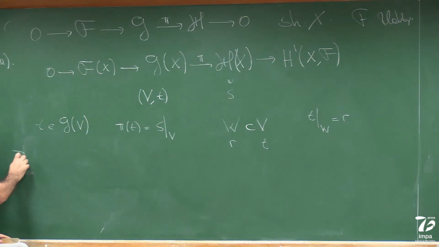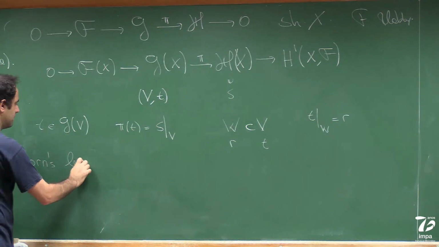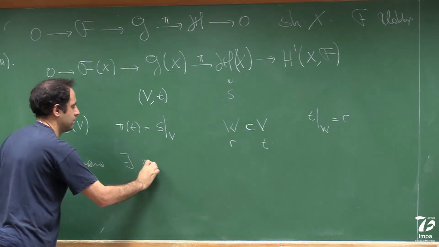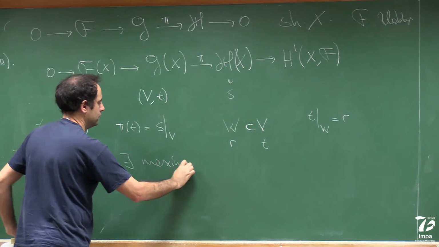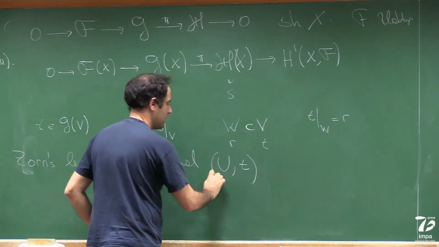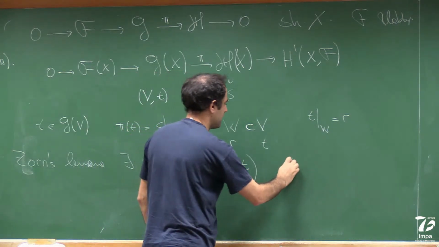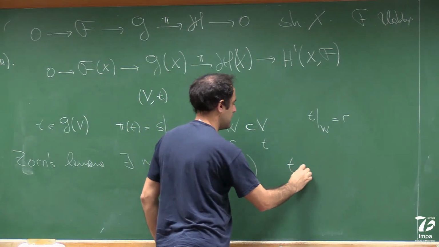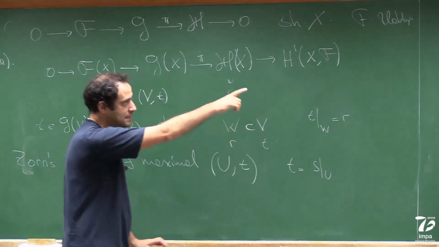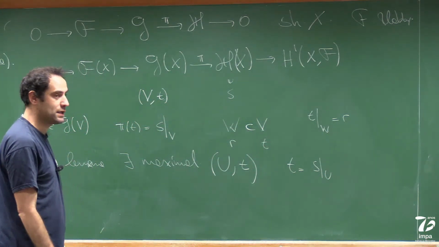So by Zorn's lemma, there's a maximal one with that property. So that T is the restriction of S to U. So that's my maximal U, and I want to claim that U is equal to X.